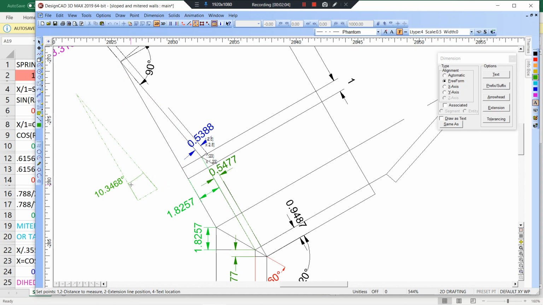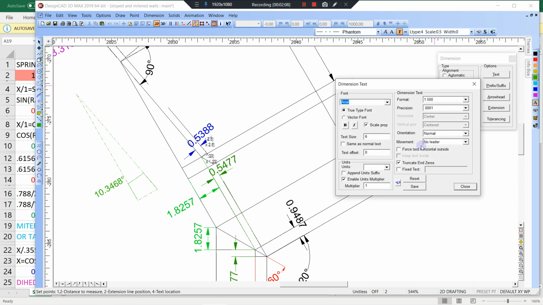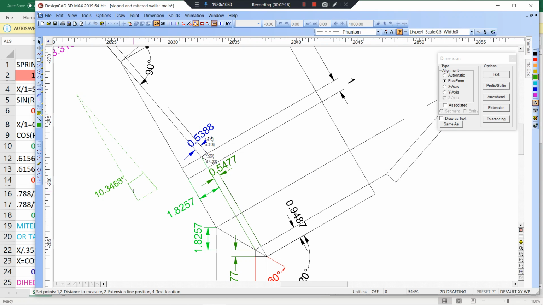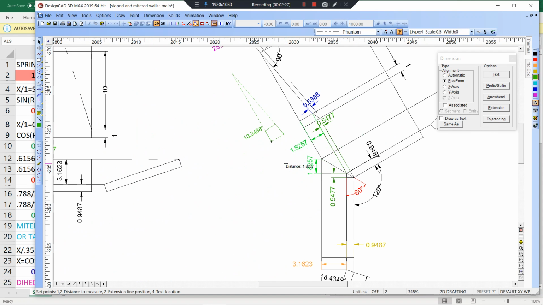Right, so you'd have the rise and the run. Doesn't look like that's broken, does it? It looks huge. 1.8257.